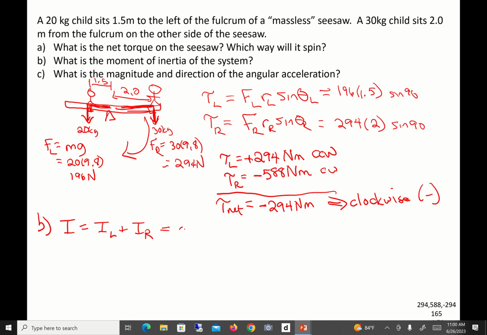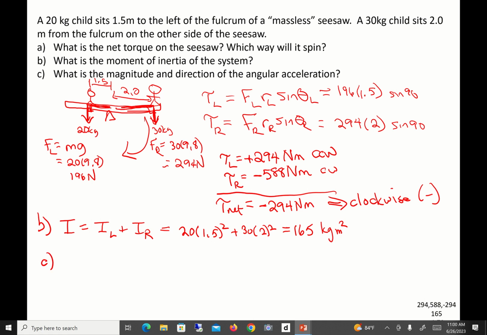For the kid on the left, it's going to be 20 times 1.5 squared. For the kid on the right, it's going to be 30 times 2 squared. That's going to give me a moment of inertia of 165, and the units are kilogram meter squared. I'm not rounding anything off at this point because I'm going to need to use these later.